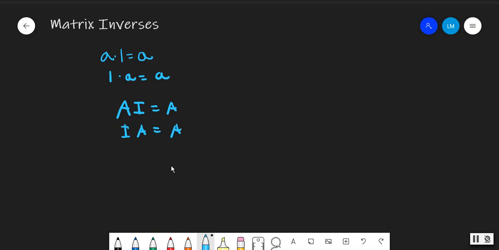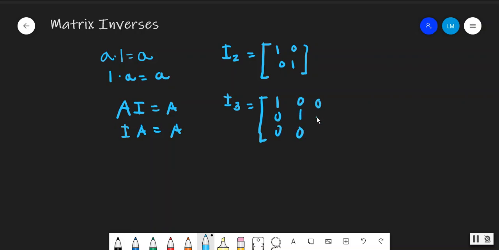One example of these identity matrices is the I2 matrix, which is just a set of zeros and ones: 1, 0, 0, 1. So this would be I2. Another would be I3, which is the square matrix 1, 0, 0, 0, 1, 0, 0, 0, 1.